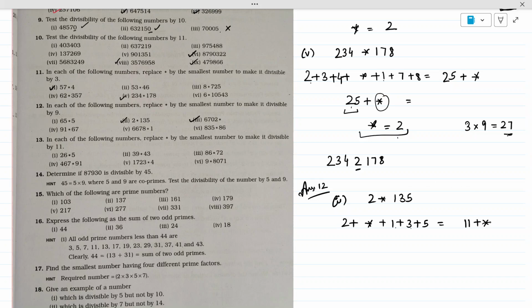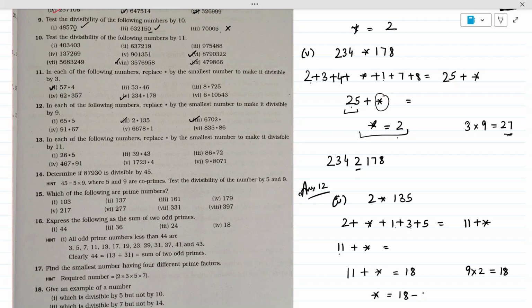11 plus star. Now to this 11 plus star, we have to add the smallest number to make it divisible by 9. So kids, if we take the table of 9 after 11, we have 18, right? If I have to make this complete number 18, what will we do?